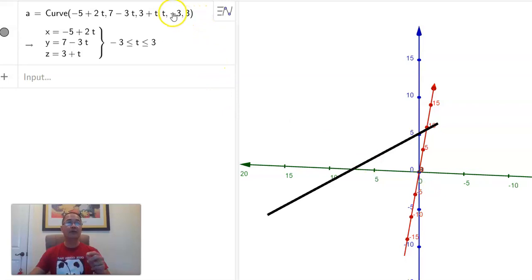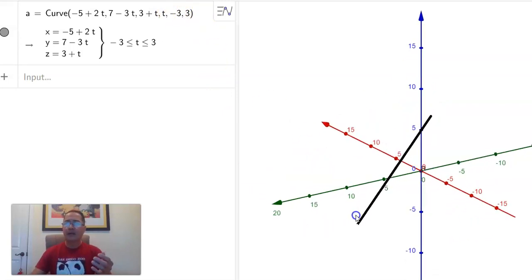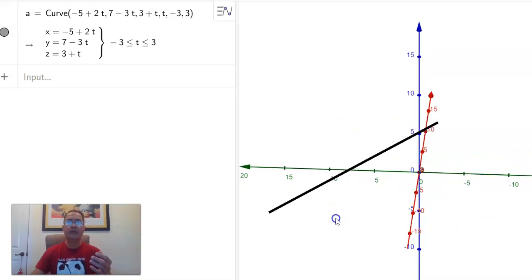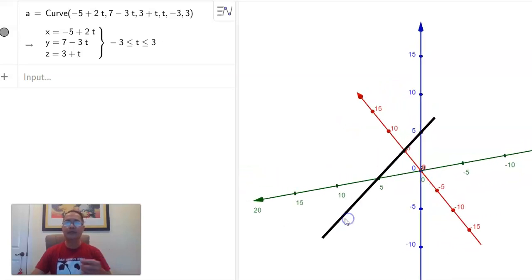But of course, because we're only going from one number to another, you get a line segment. I honestly have not played with infinity or negative infinity and space curves because, who cares? You can always zoom in or zoom out. Let's plot those 2 points so that we can check that the line actually passes through them.